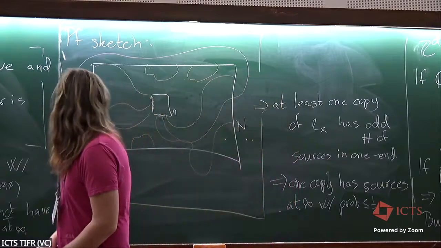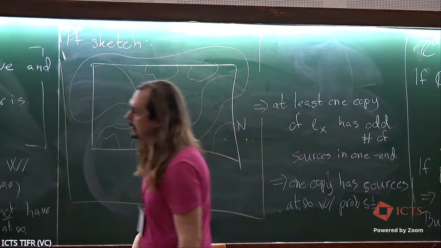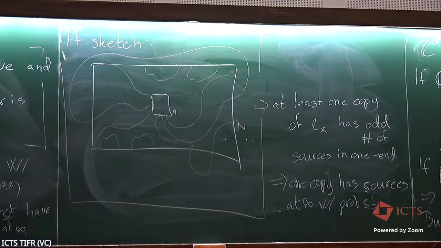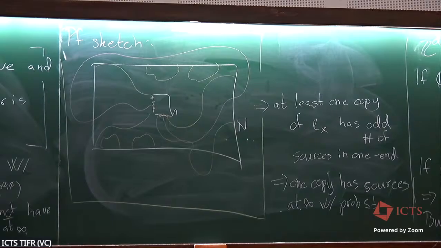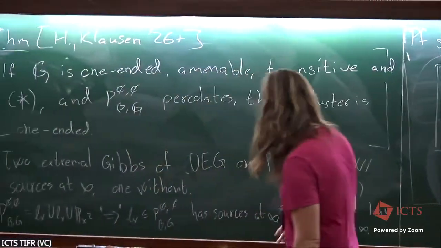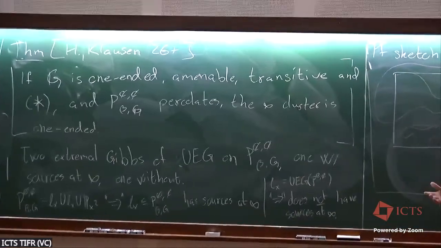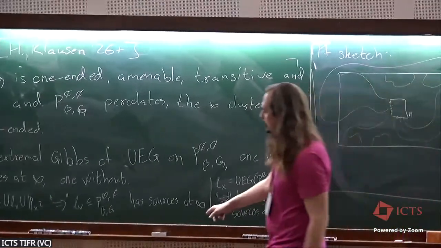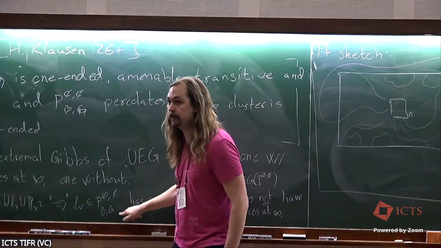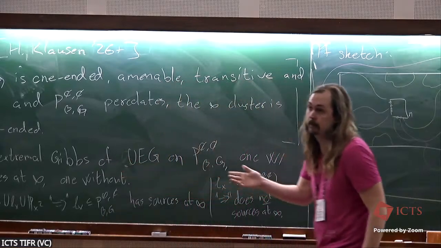But if they have an odd number of sources on this guy, I can tell in which coset they lie here. This is like a local to global effect. And this implies, it doesn't imply that you're a particular uniform even subgraph. It just implies at least one of them, seen as an even subgraph of this guy, has sources at infinity.